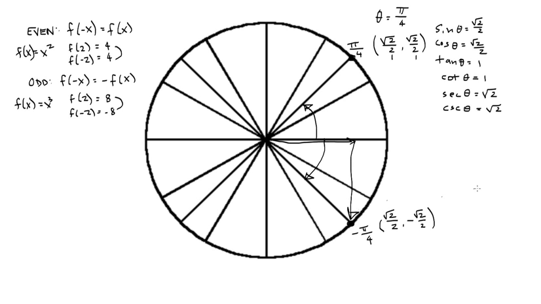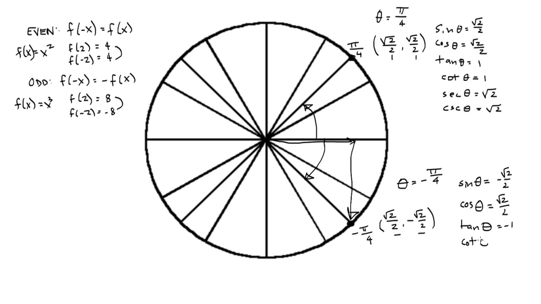Okay? Let's write them. So when my angle is negative pi over 4, what happens? My sine is now negative radical 2 over 2. My cosine is radical 2 over 2. My tan, when I divide y by x, I get negative 1.